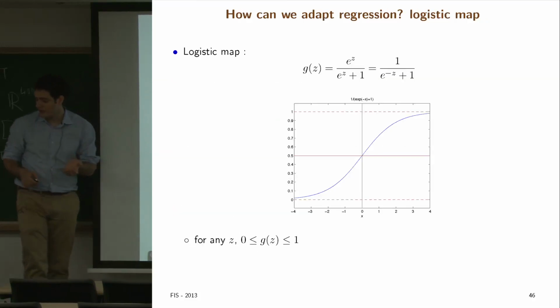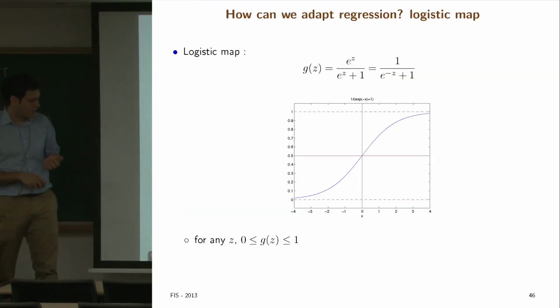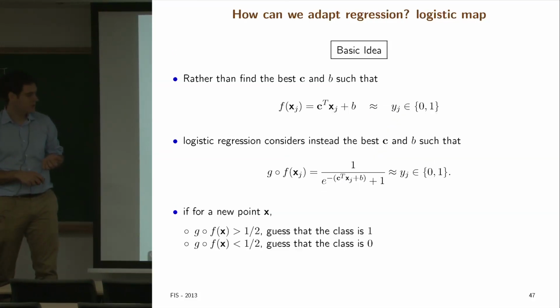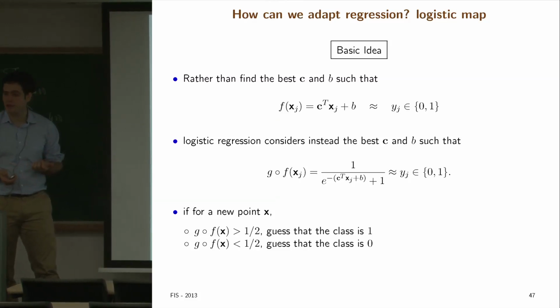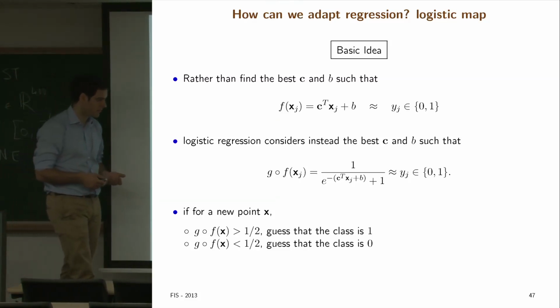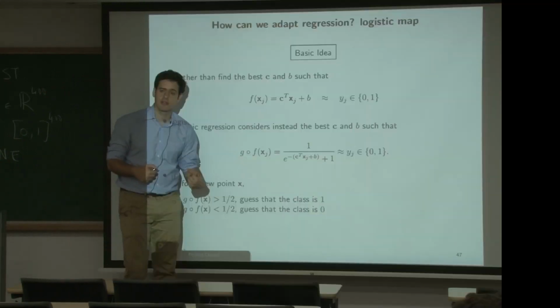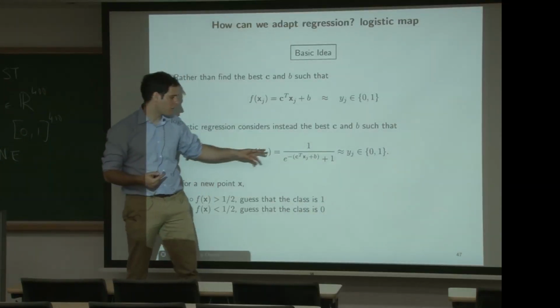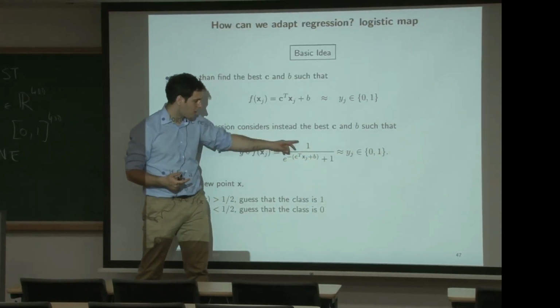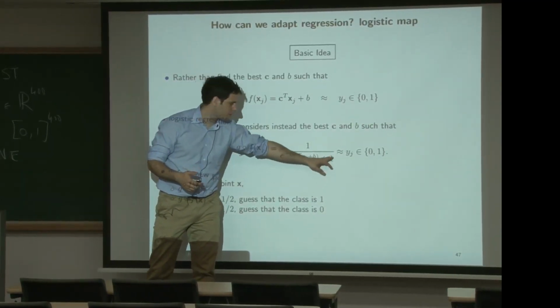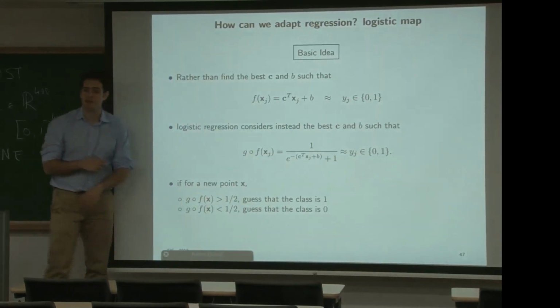And why is it better? Because the logistic map is always between 0 and 1. So whatever the input of your regression here, whatever the value you're predicting here, g of that will always be between 0 and 1. So it will be somehow more natural. So your model, the logistic regression model, tries to find C and B such that 1 divided by exponential blah, blah, plus 1 is not too far from 0 and 1.